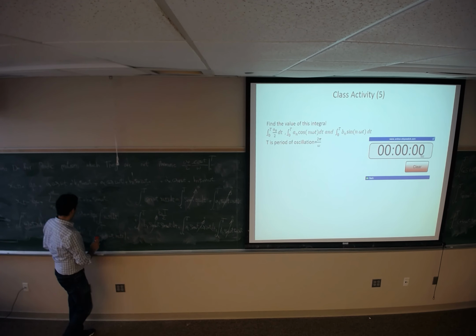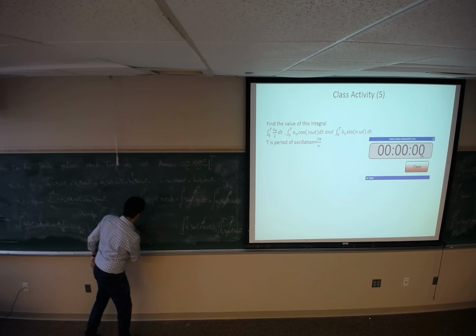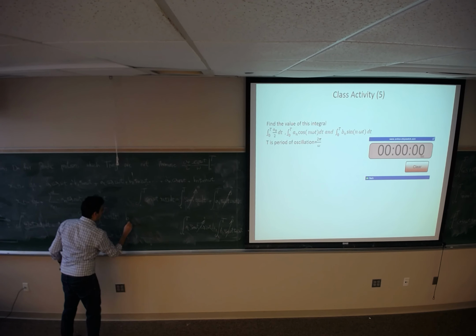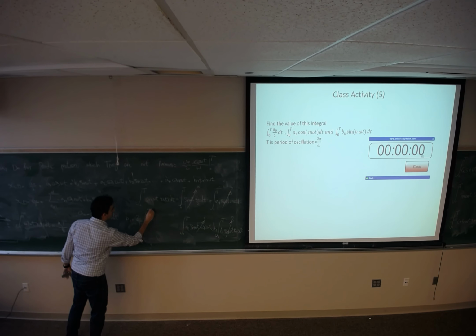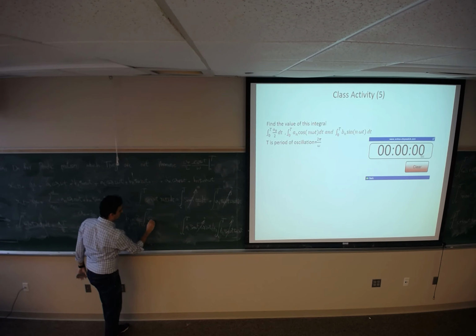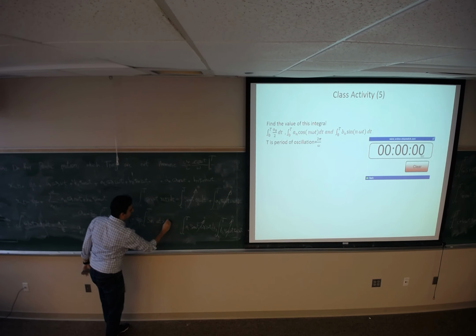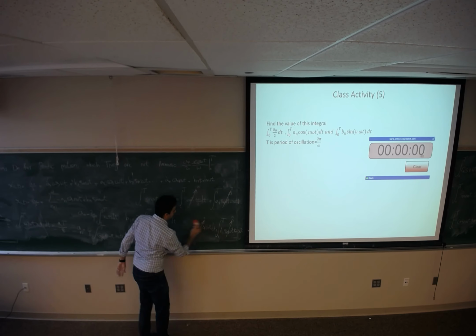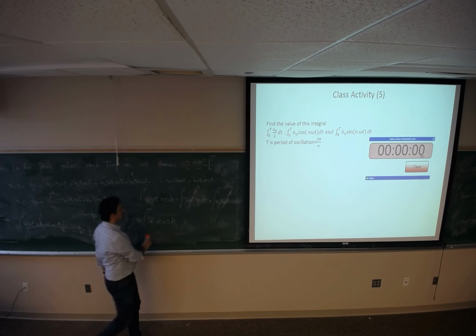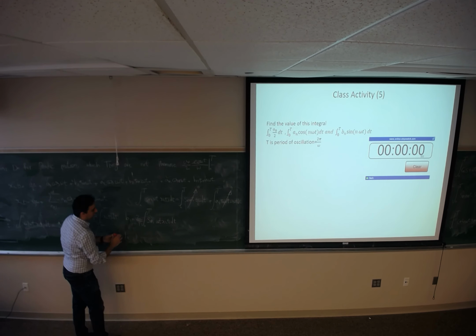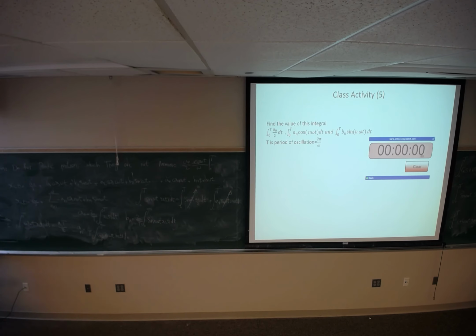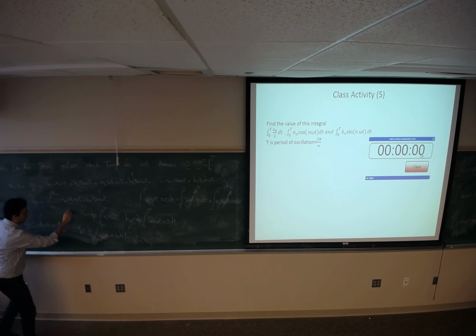So I can write B1 equals 2 over T integration 0 to T sine of omega T x of T dt is gonna give me B1. If I want to generalize that, I change 1 to n, same approach, sine of n omega T x of T dt, integration from 0 to T, I will get Bn.